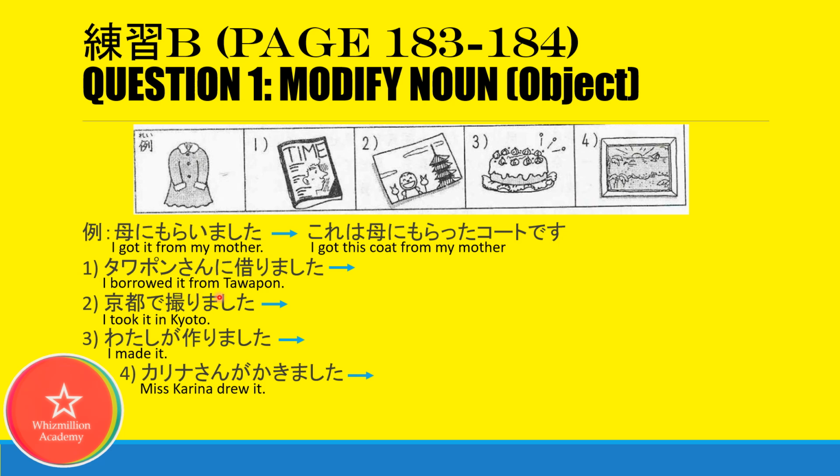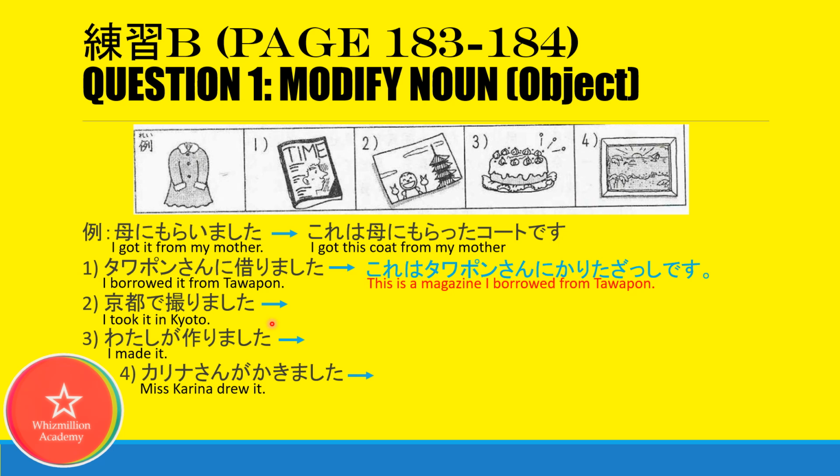Tawapon-san ni karimashita. I borrowed it from Tawapon. And the picture is a magazine, zasshi. So the answer is kore wa Tawapon-san ni karita zasshi desu. Right? So notice karimashita is a past tense, so it becomes karita. Second image.